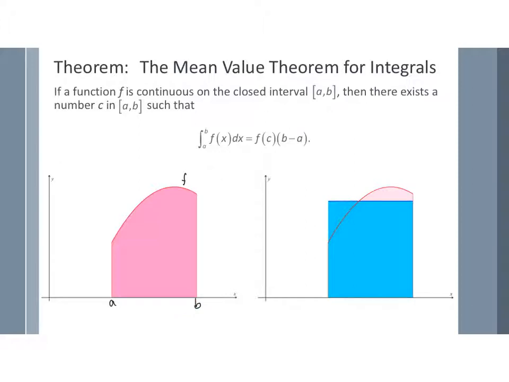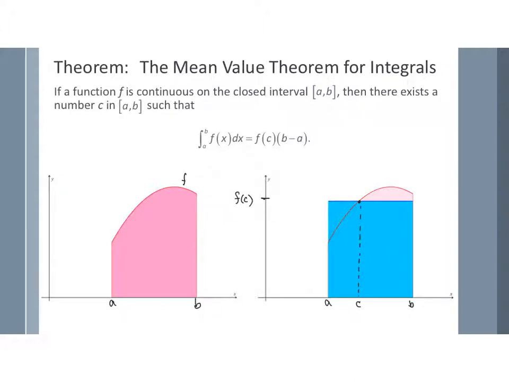And what happens with c is that c gives us a rectangle. So if I look at, say, this point right here, this c is a special c value in [a, b], where if we look at the area of this rectangle, it corresponds to the same value as the definite integral.